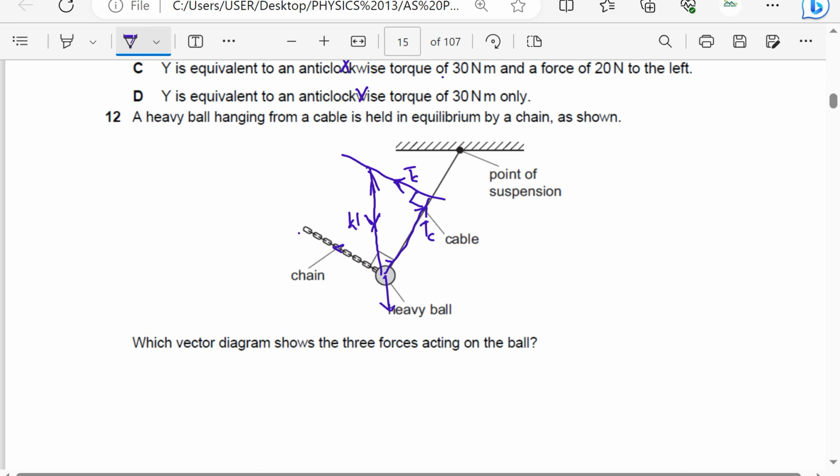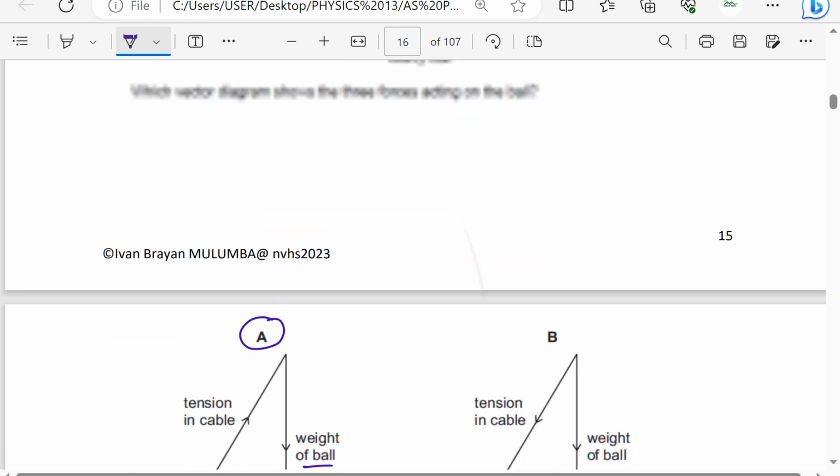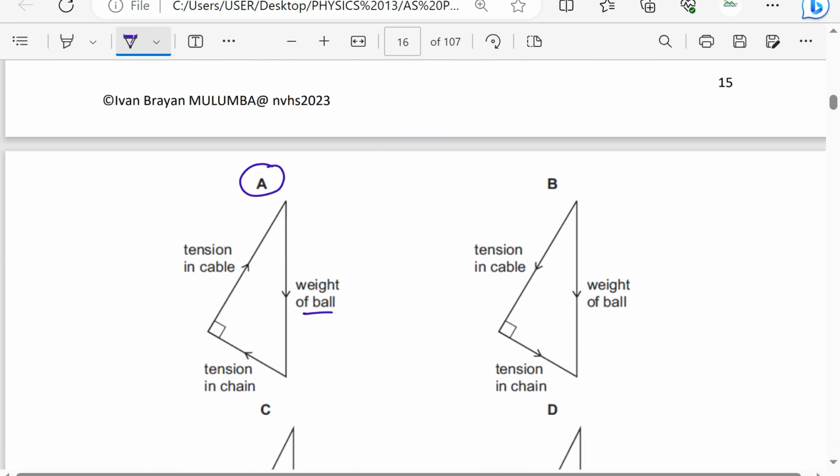If that is very hard, you can also complete this parallelogram from this side, so that you see exactly that this is pointing in that direction. This is 90 degrees. So this is the tension from the cable, then this will be the tension from the chain. It's the same thing, either this triangle here or the other one. In the answers, they give us the second triangle, which is this one here. So our answer is going to be A.